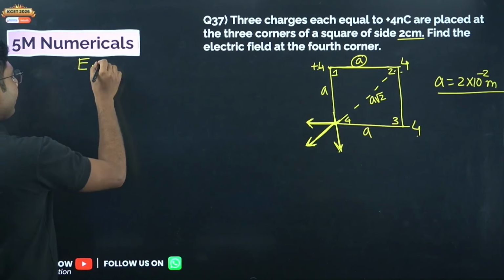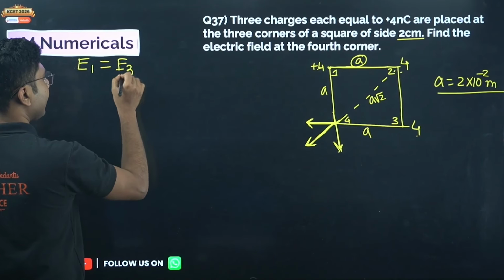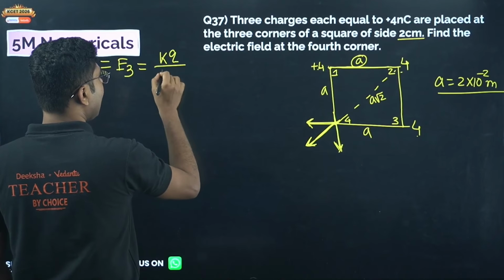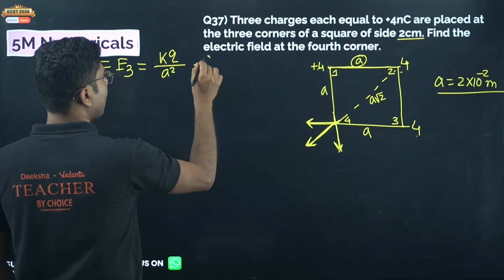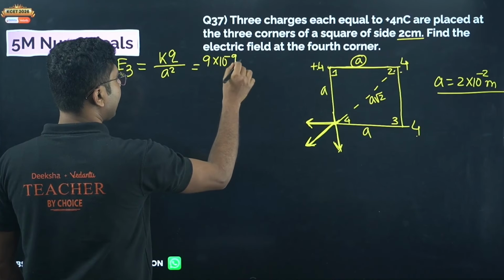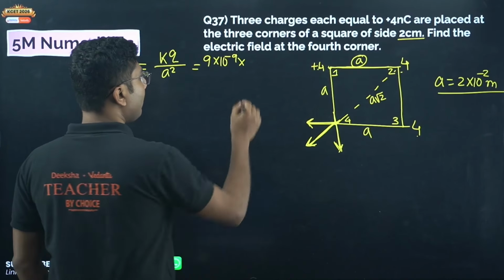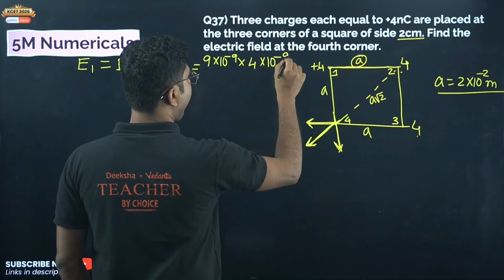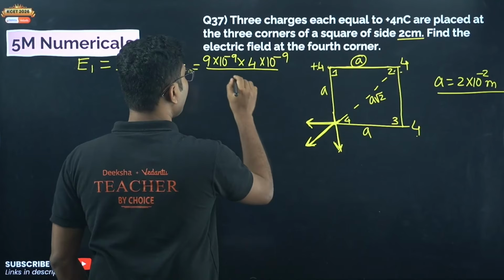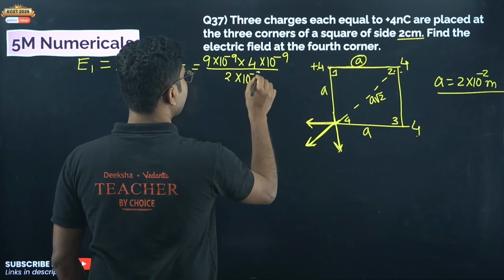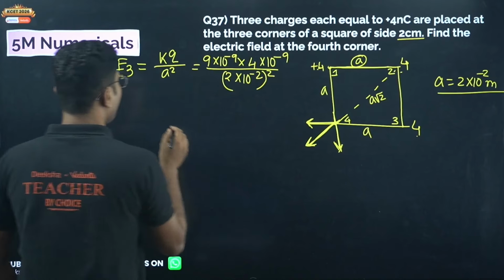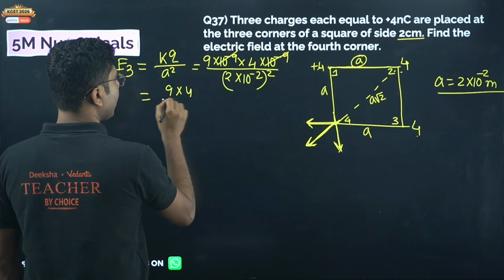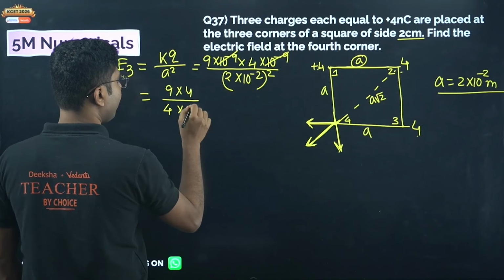Electric field at 1 and electric field due to 3 are same, and that value is given by KQ by A square, or 9 into 10 to the power of 9, Q is 4 nanocoulomb, and A is 2 into 10 to the power of minus 2 whole square. 10 to the power of minus 9 cancels, we get 9 into 4 divided by 4 into 10 to the power of minus 4.